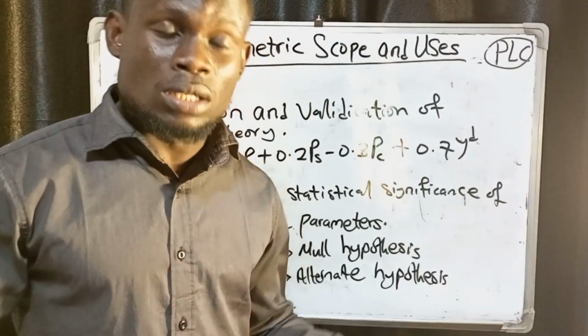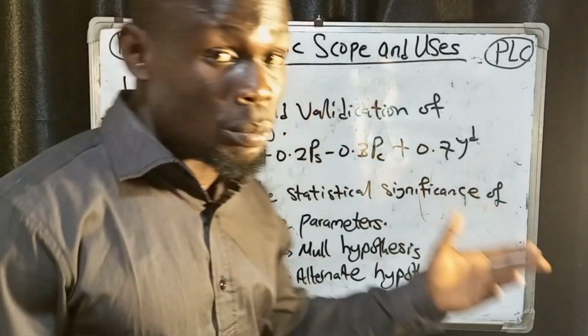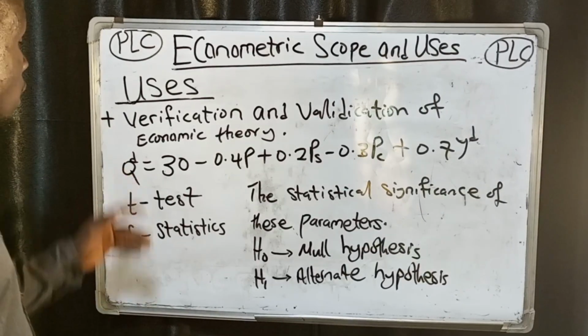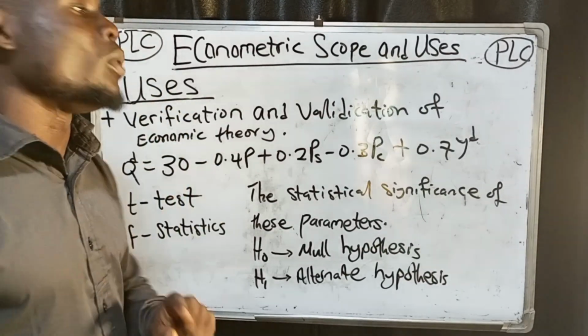Majorly you can use 1%, 5% or 10%, but majorly we use 5%. And if our t calculated is greater than our t tabulated, we accept.